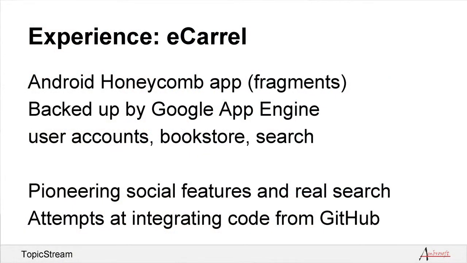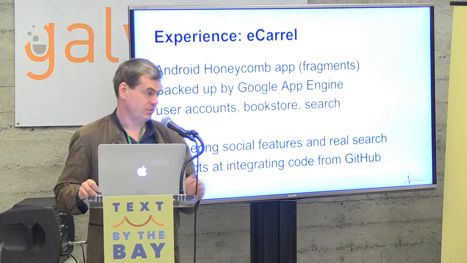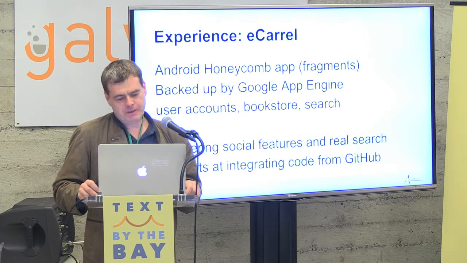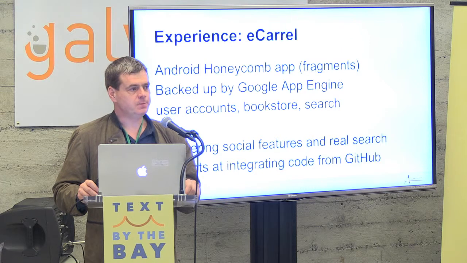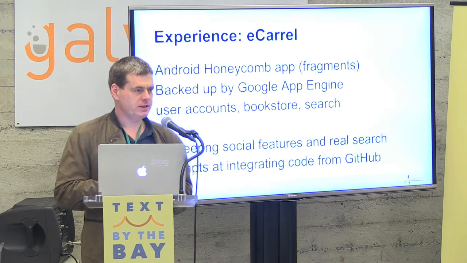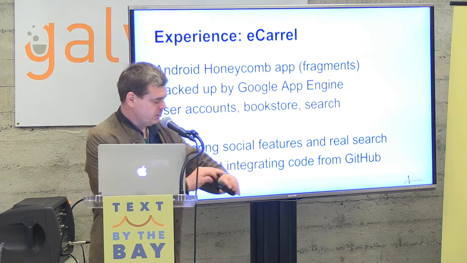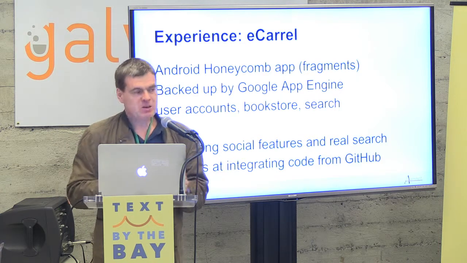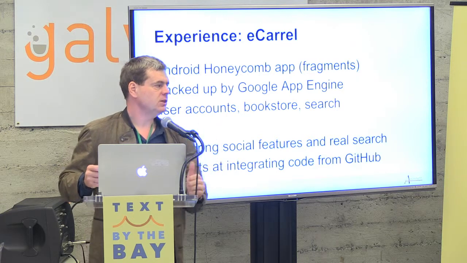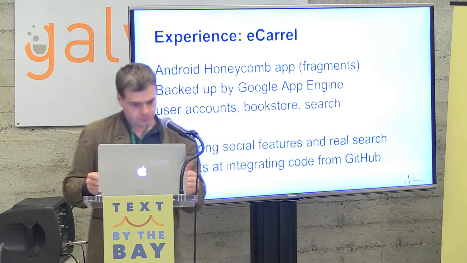My first experience with an ebook reader was something I called eCarrel, a large system for, in fact, O'Reilly book readers written for Android. In that e-reader, which has not been particularly successful, I experimented with integrating GitHub code with pages mentioning that code.